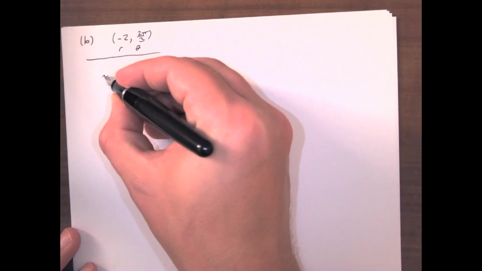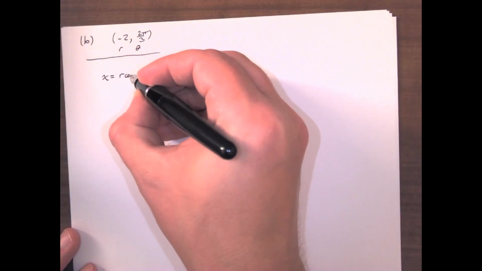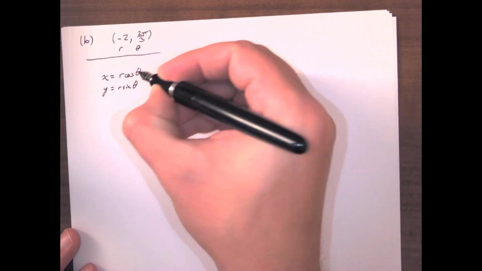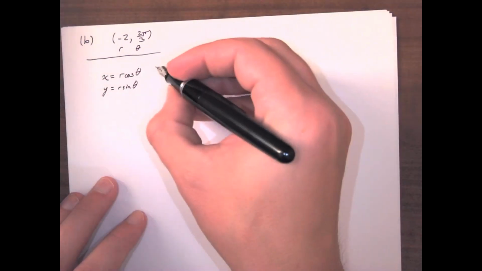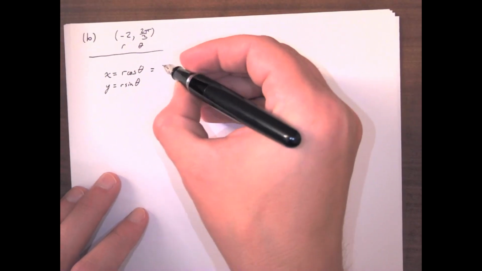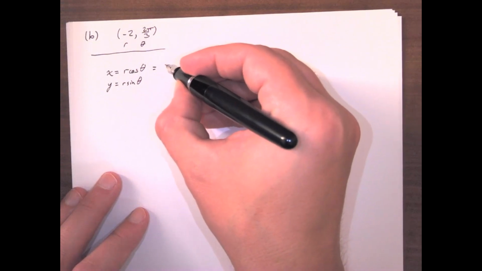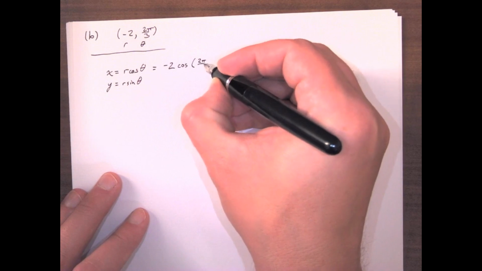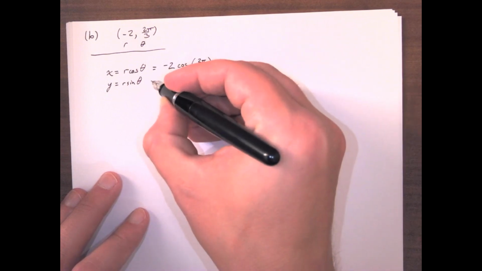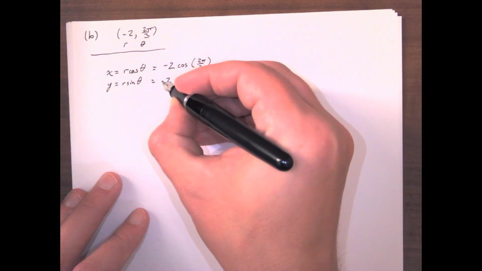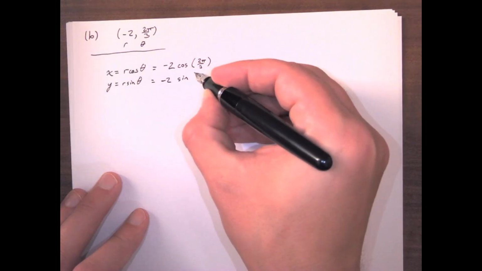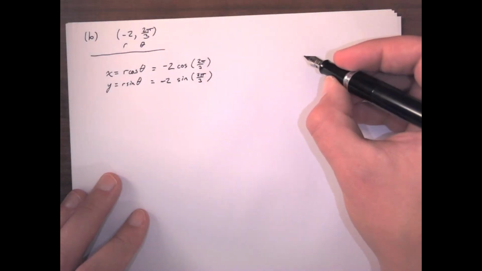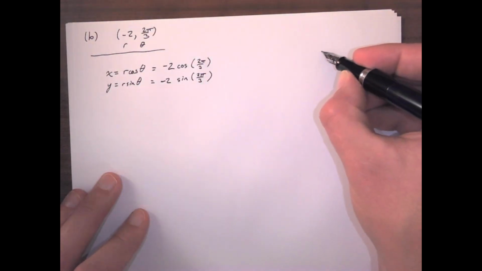Well then, x is going to equal r cosine theta, y is going to equal r sine theta, and we will just let the pieces go into their appropriate spots and see what happens. So it's negative 2 cosine 2 pi over 3, and this one is negative 2 sine of 2 pi over 3. Now we can have a look at the angle.